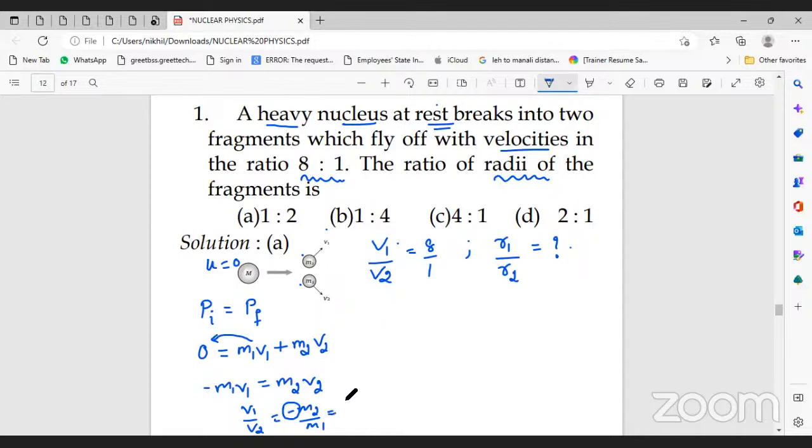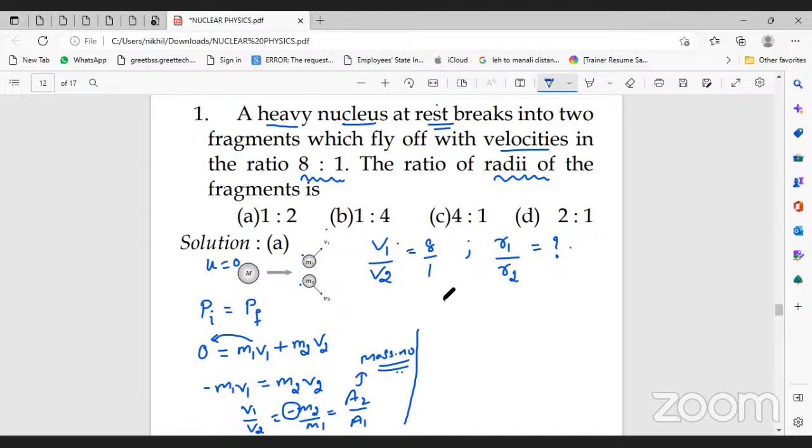Here mass is represented with mass number, so m2 by m1 is going to be replaced with A2 by A1 in the case of a nucleus.